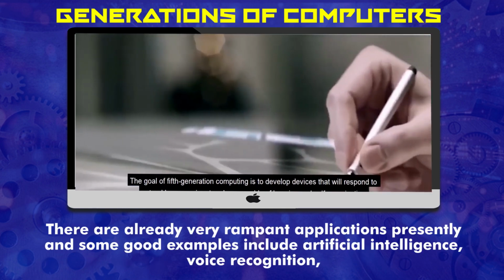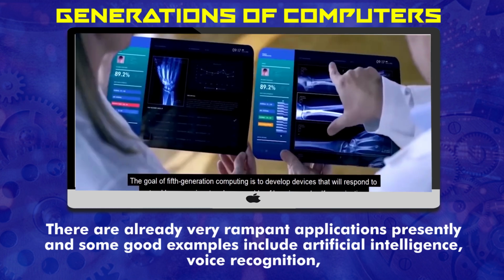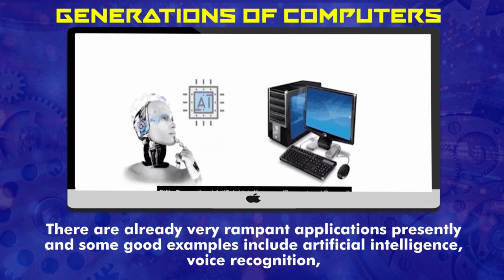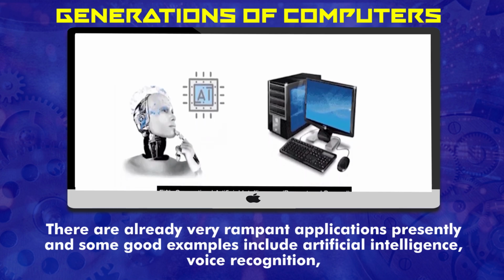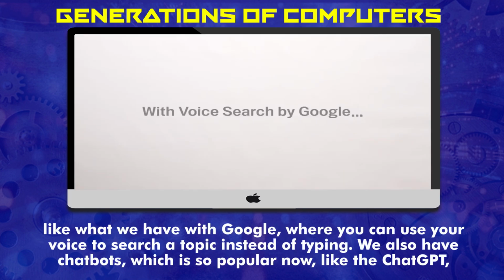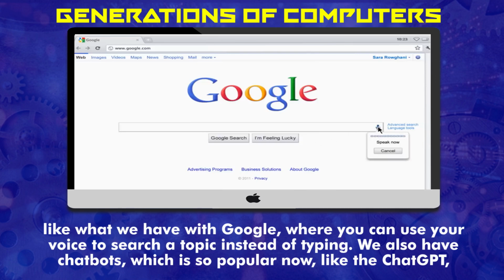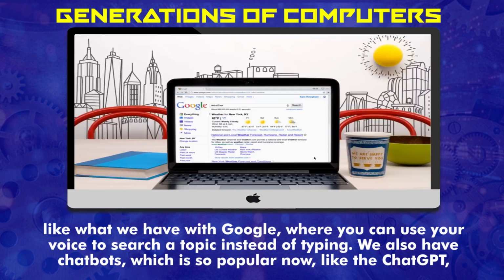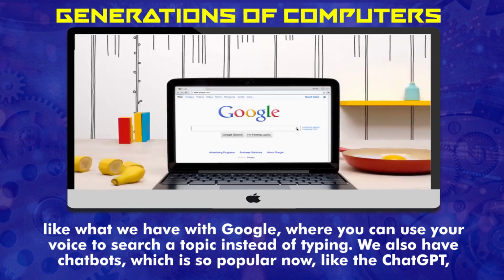There are already very rampant applications presently, and some good examples include artificial intelligence, voice recognition, like what we have with Google, where you can use your voice to search a topic instead of typing. All right.